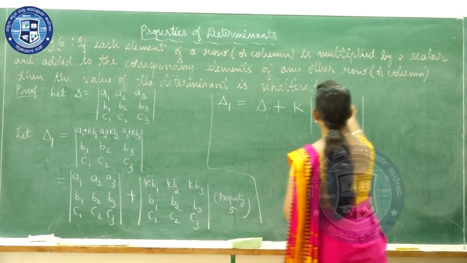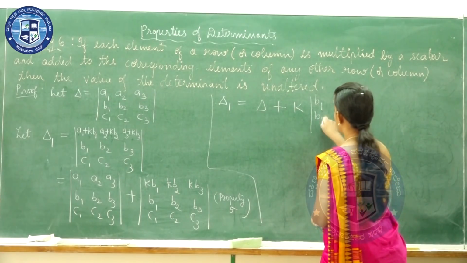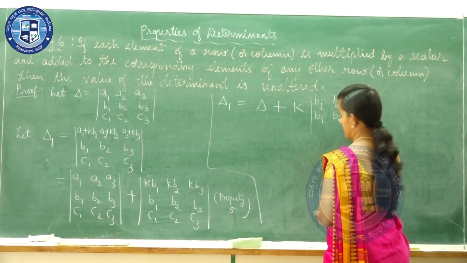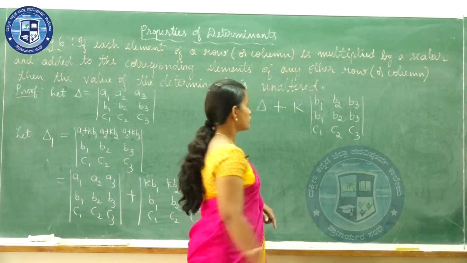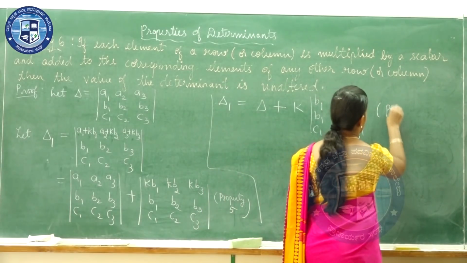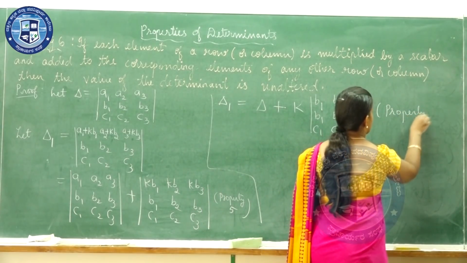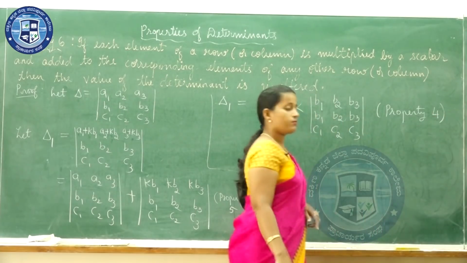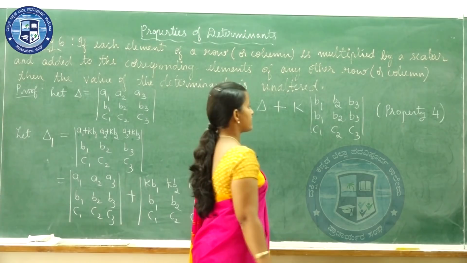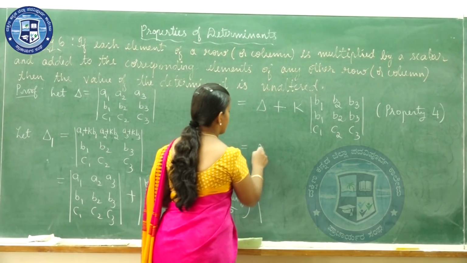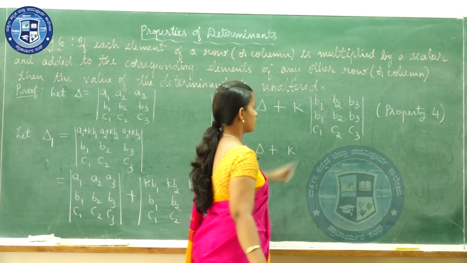B1, B2, B3, B1, B2, B3, C1, C2, C3. So, this is by property 4. Anything common in a row or column can be pulled outside. Okay, so k is written outside. So, delta plus k into.